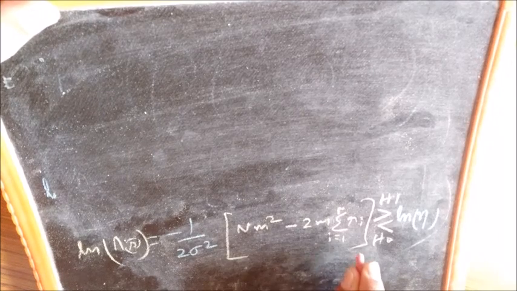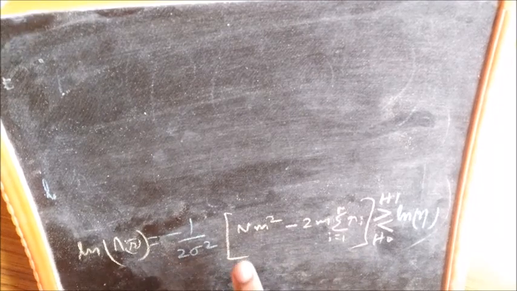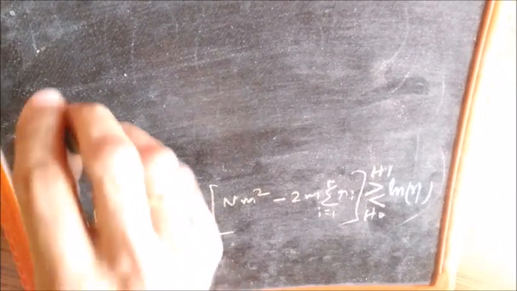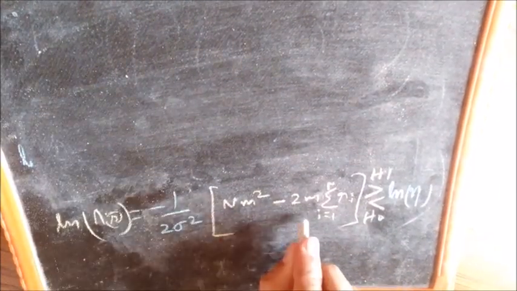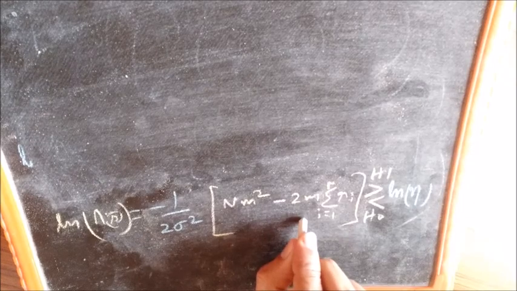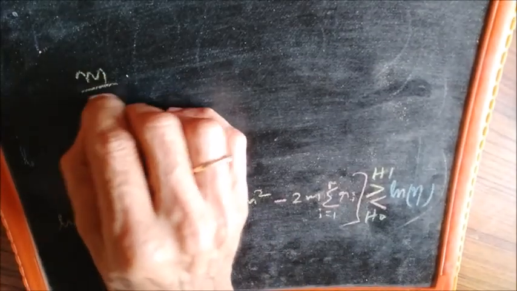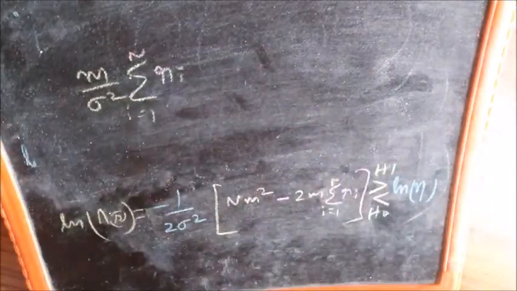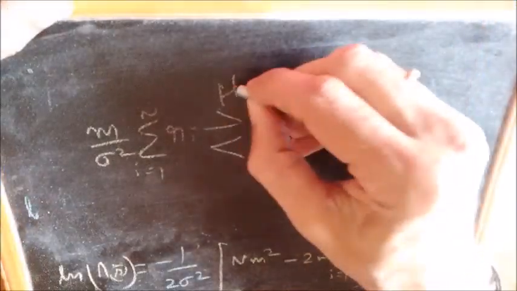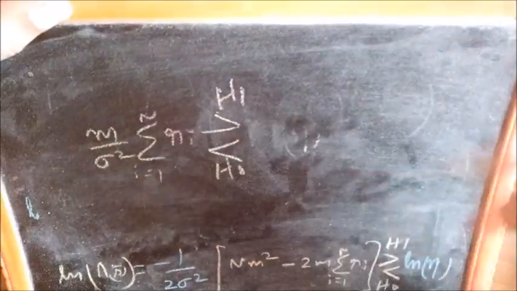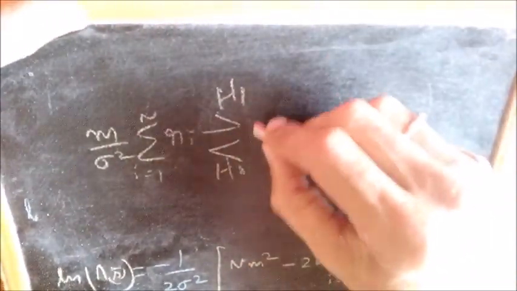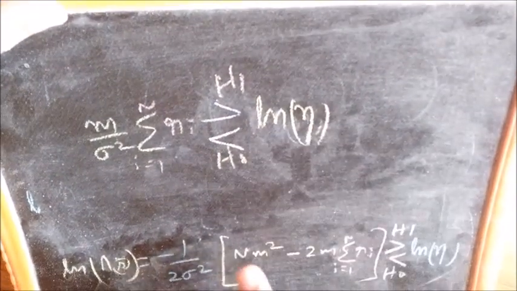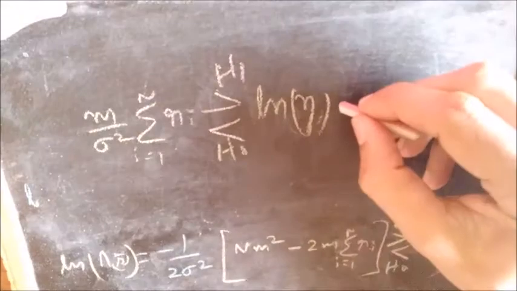So when I just open up the bracket, I will get minus 1 by 2 sigma square n m square, which we will take first to that side. So when I multiply this with this, I get m by sigma square summation i equal to 1 to n Ri, natural log eta is there, and this term will now go to the right hand side.